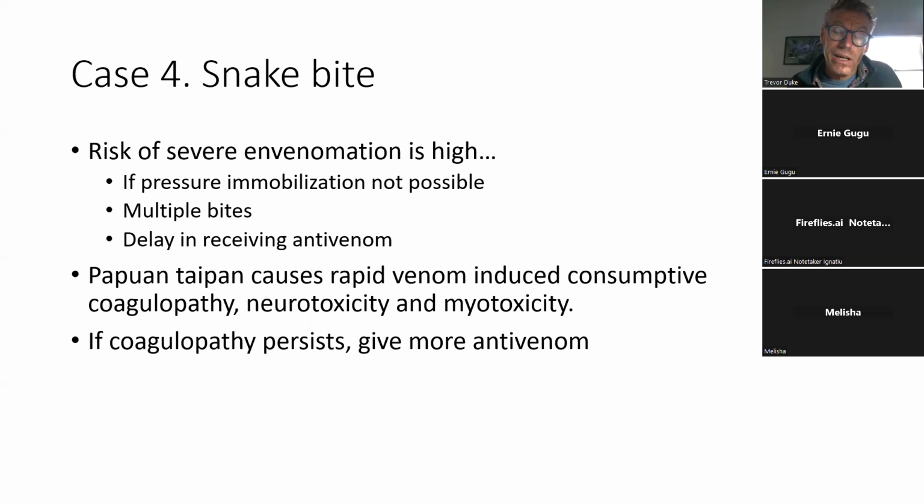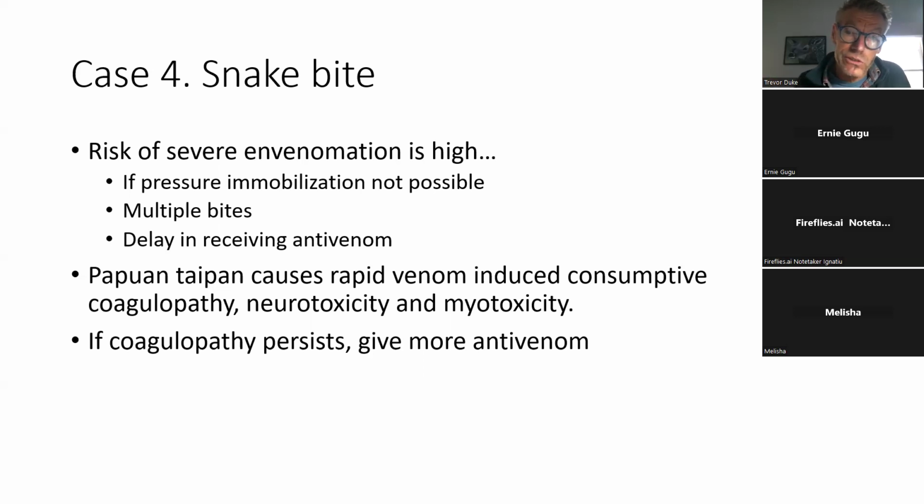You also get a neurotoxin that affects the nerves and a myotoxin that affects the muscles. So her muscles and her nerves got very weak because of that. Some snake venoms also have a hemolysin that causes hemolysis.